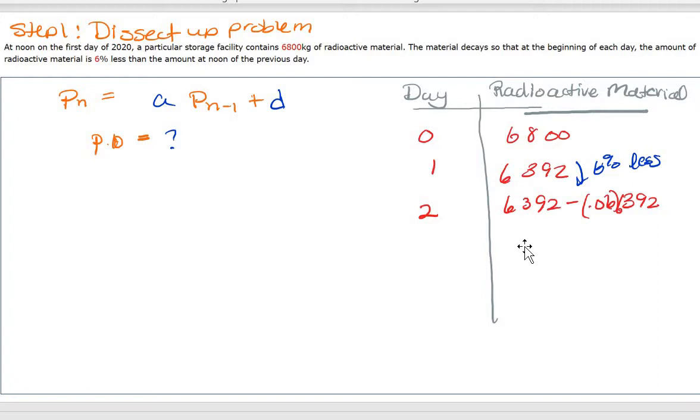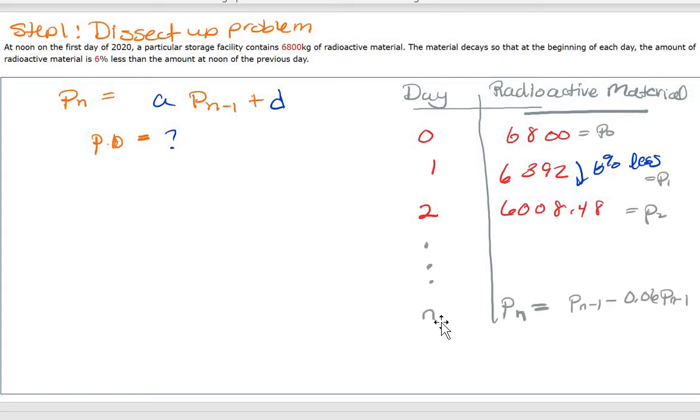I combined that on a calculator, and so I got 6,392. On day 2, I'm going to get 6% less. And now you see it mimicking exactly what I did with Dr. Cottom as an example. I get 6% less, this thing. And then I go all the way up to N. In general, what am I doing to get from here to here each time? I'm always taking 6% less of the previous.